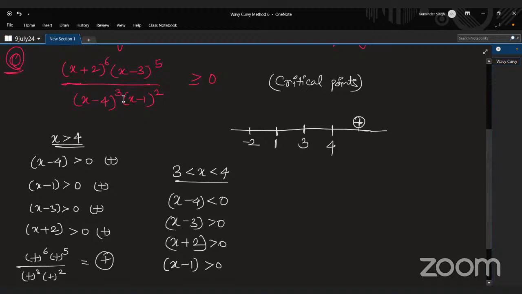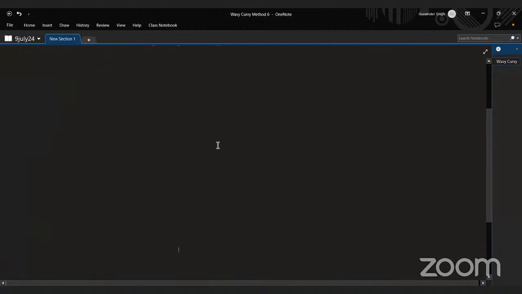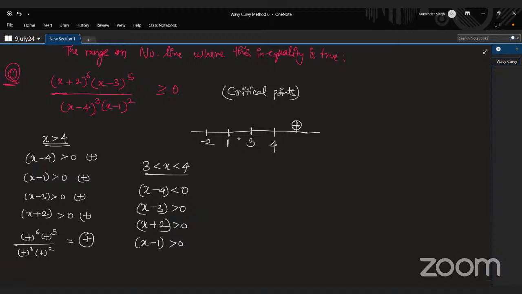Okay, so I will write it in this form. It is x plus 2, so positive to the sixth power. Then x minus 3 positive to the fifth power, whole divided by negative to the third power, and x minus 1, that is positive to the second power. Positive will remain positive only, but it is negative to the third power.